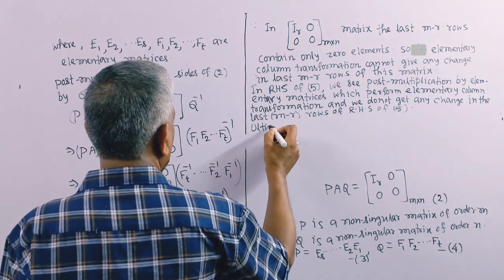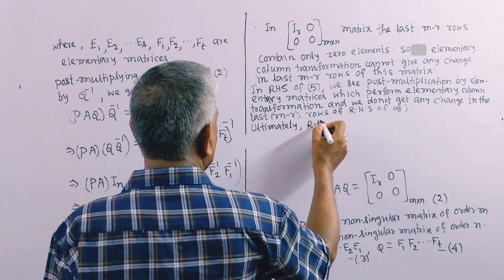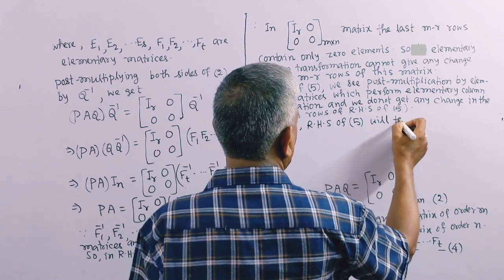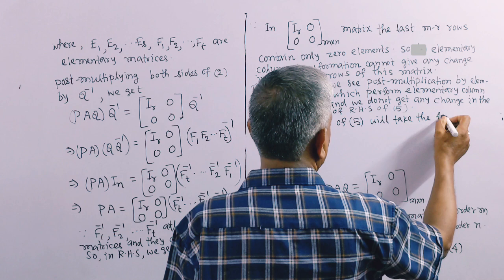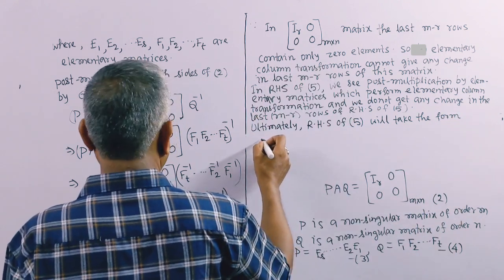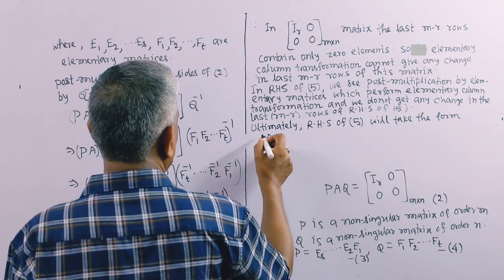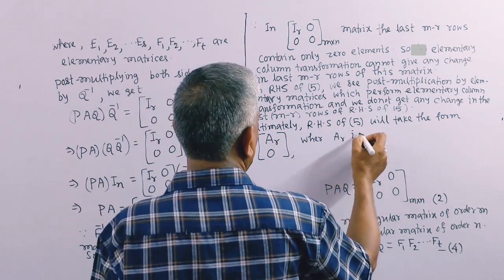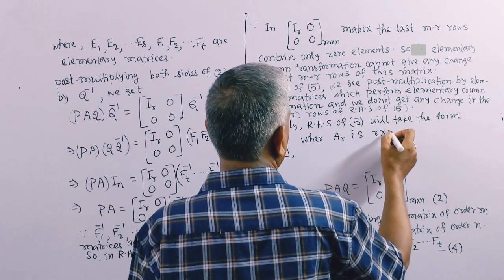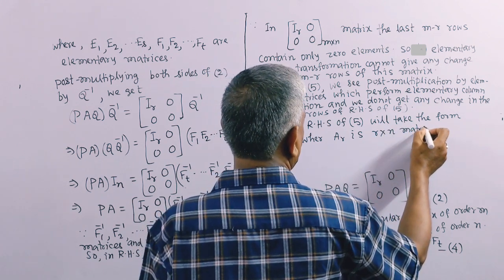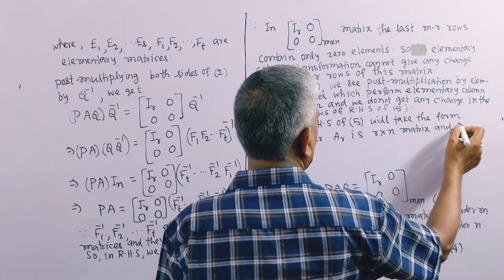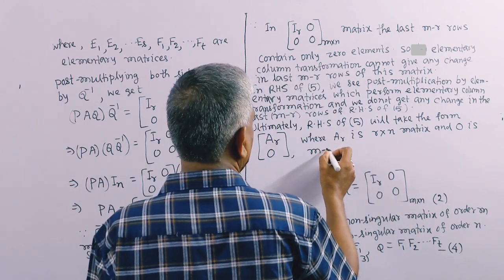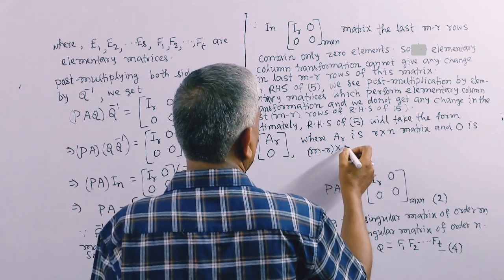Ultimately, the right hand side of 5 will take the form [AR 0], where AR is an r by n matrix and 0 is an m minus r by n matrix.